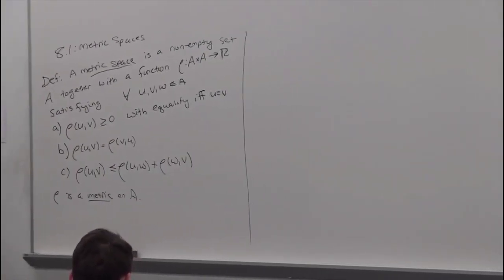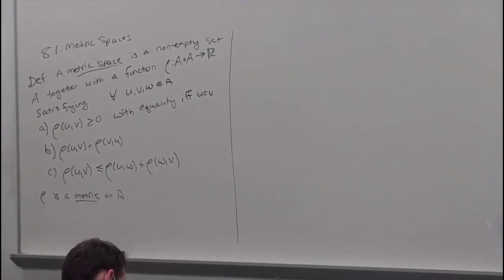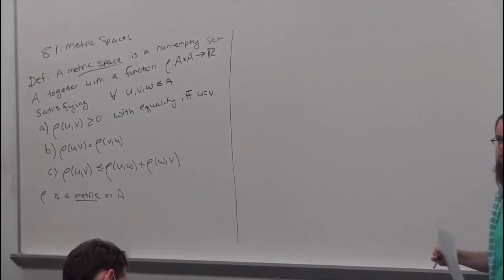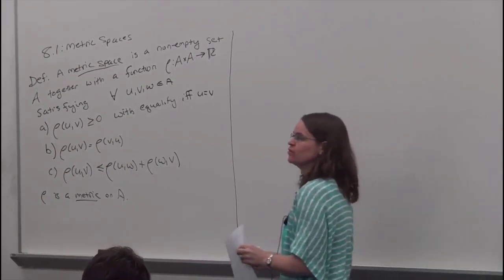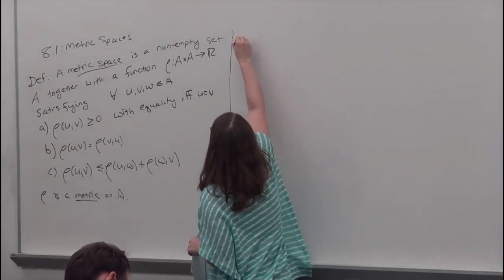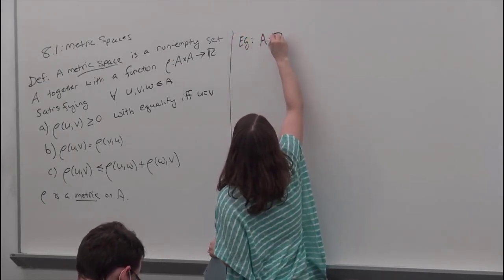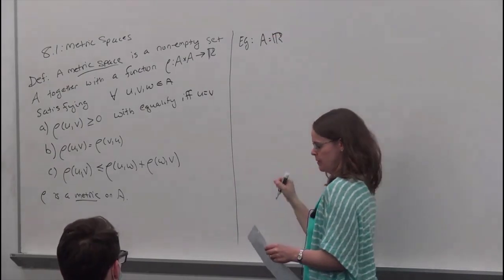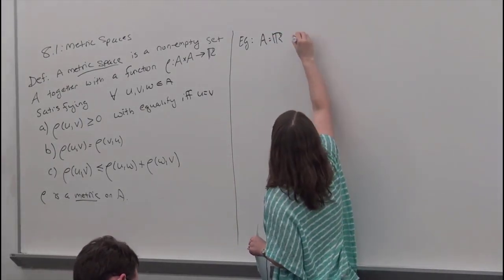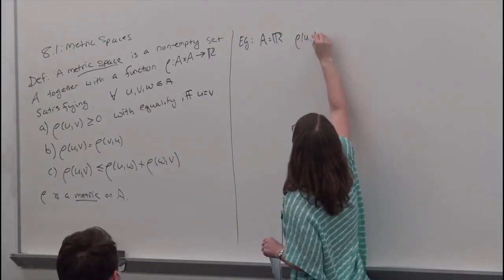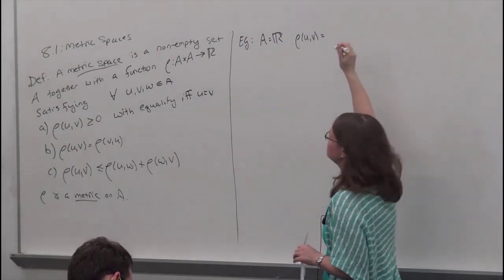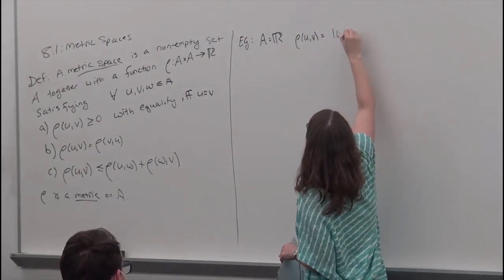So we're completely used to working with metric spaces. We've been working with metric spaces all semester long. We just haven't used this language. An easy one would be to say A is the collection of all real numbers, and my metric is I just take the difference between these two things and look at the absolute value.